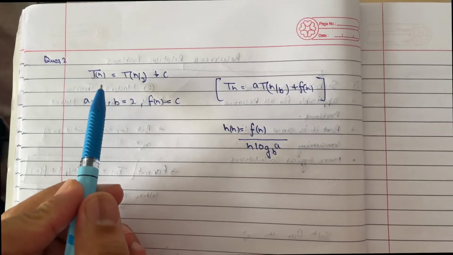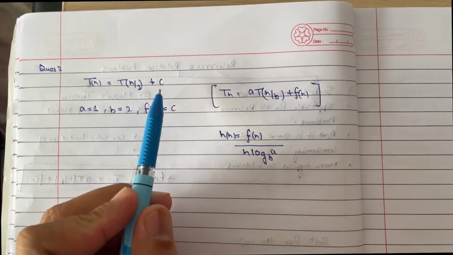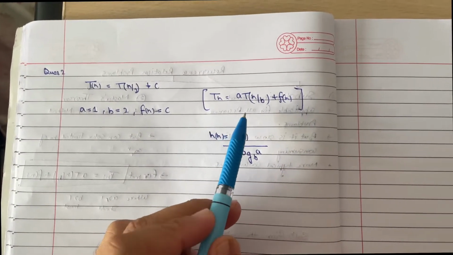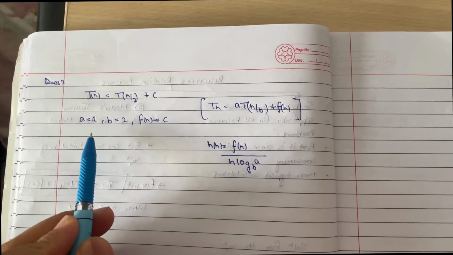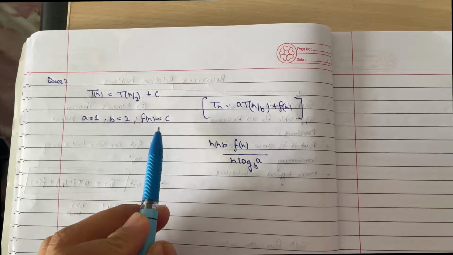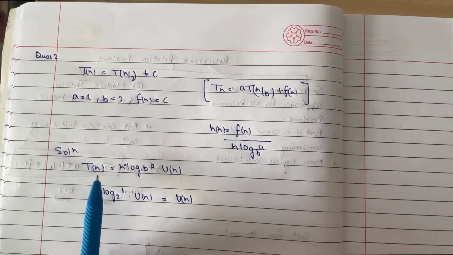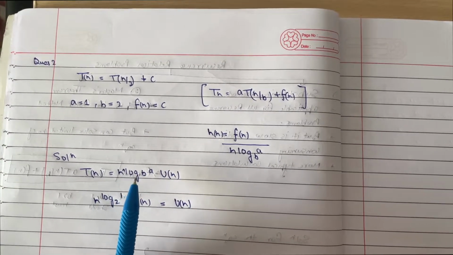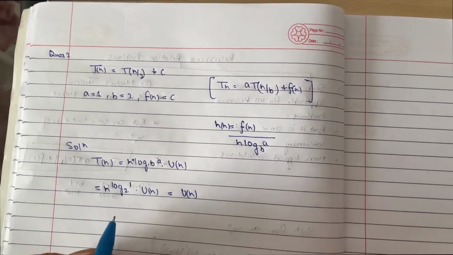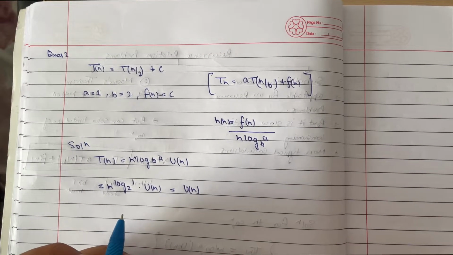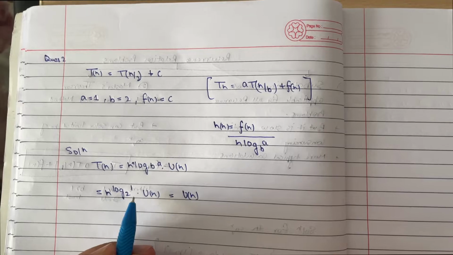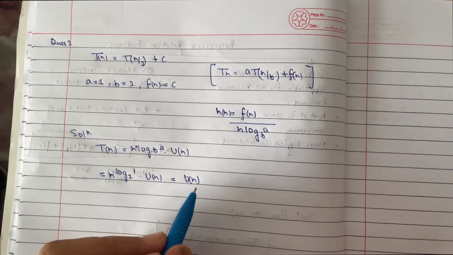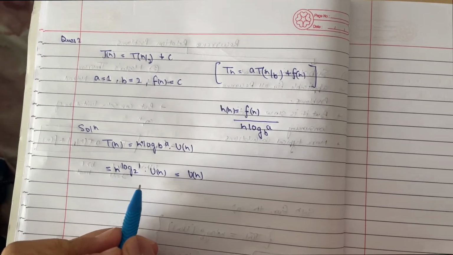The question is T(n) = T(n/2) + c. After comparing with the main equation, T(n) = aT(n/b) + f(n), we get the values of a, b and f(n). Coming to the solution equation, T(n) = n^(log_b a) * U(n). After substituting the values of a and b, we get n^(log_2 1) * U(n), that is equal to U(n) because log 1 is equal to 0.